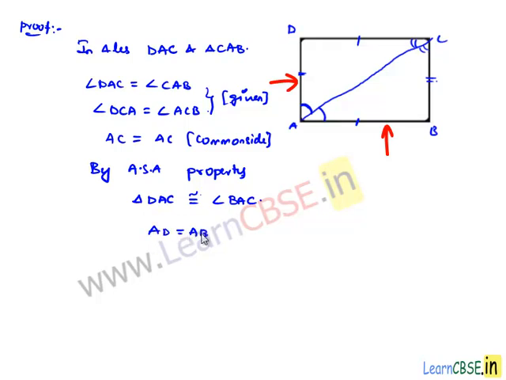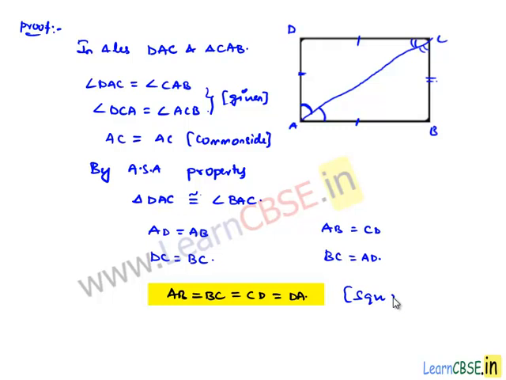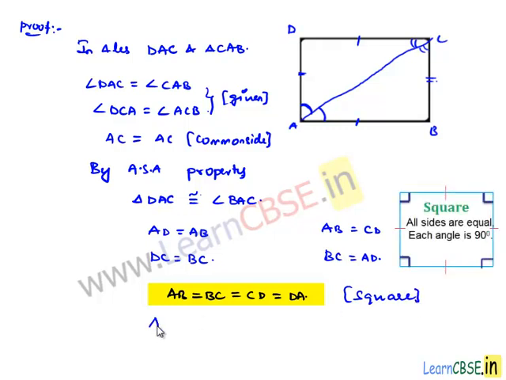So here AD can be equated to AB and DC can also be equated to BC, which are corresponding sides. Initially we know that AB is equal to CD and BC is equal to AD. So from these four relations all the sides are equal, that is AB is equal to BC is equal to CD is equal to DA. So the given rectangle will be a square. Therefore we can say ABCD is a square.